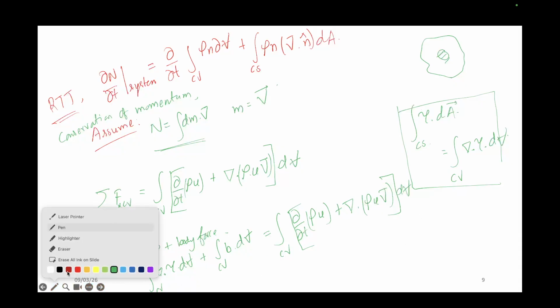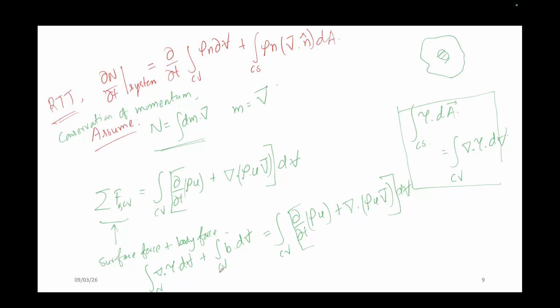Okay. So now see, the whole equation is coming in a single format, where in each and every part there is an integration over CV. So I first write down the right hand side. Is it okay?